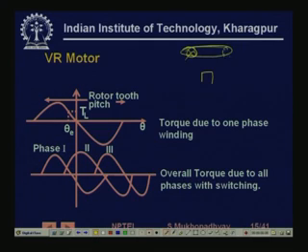As the rotor is rotating this way, initially dL by d theta is positive because inductance is increasing, and after one rotor pole pitch dL by d theta will be decreasing.